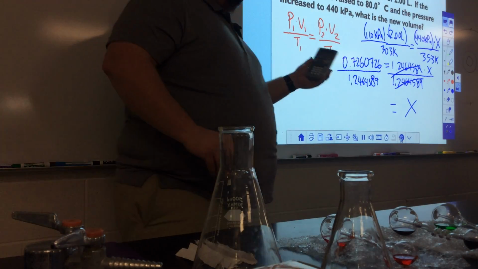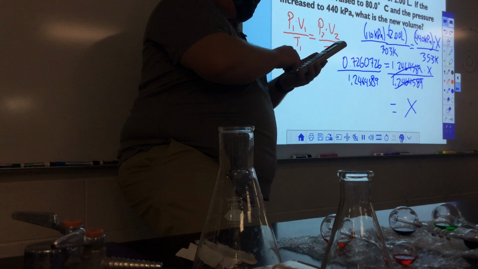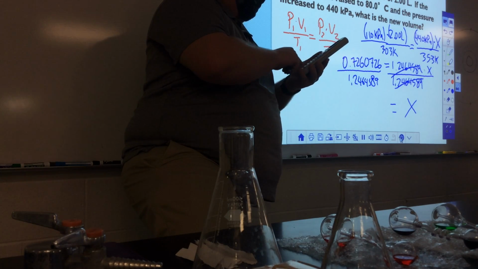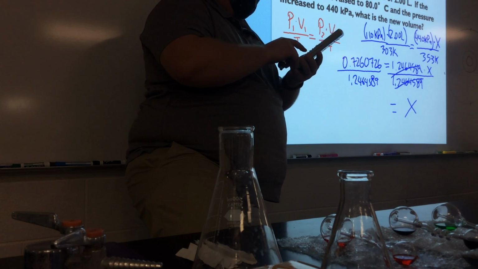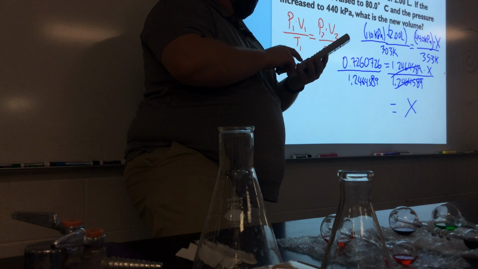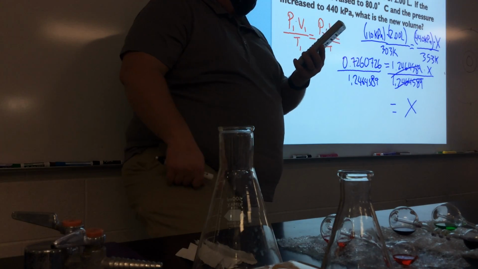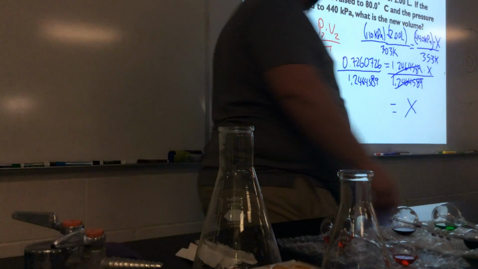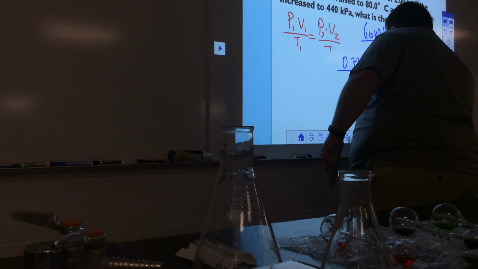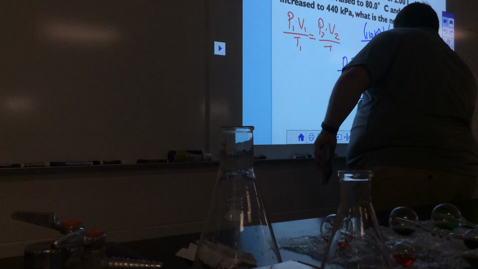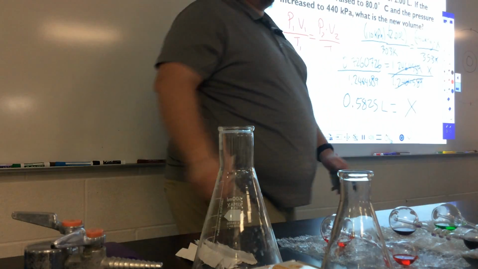That side, I'm going to go ahead and punch it in the calculator. So 0.72607260726 forever, divided by second answer. 0.5825. Okay? Now, how many significant figures do I get?